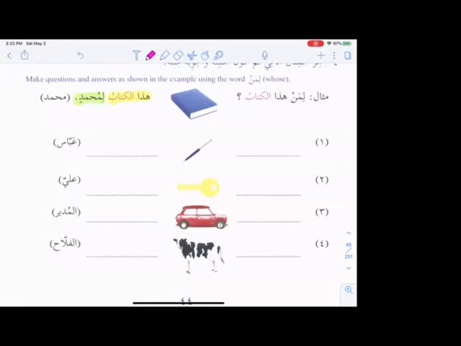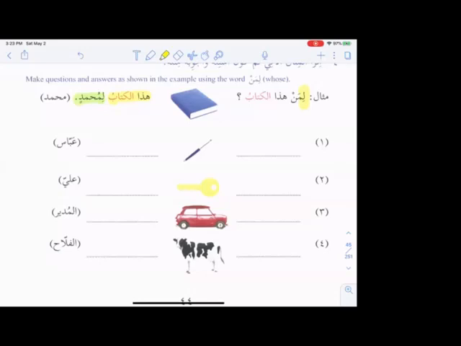Okay, so here I want you to see, to understand, inshallah. See, the question starts with li. Liman, to whom? To whom belongs? Li is to belong or for.